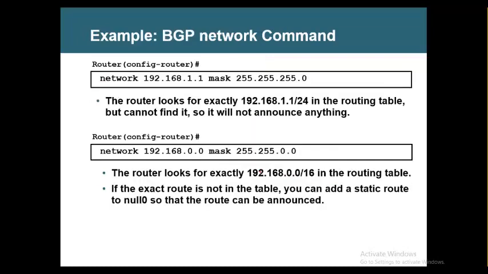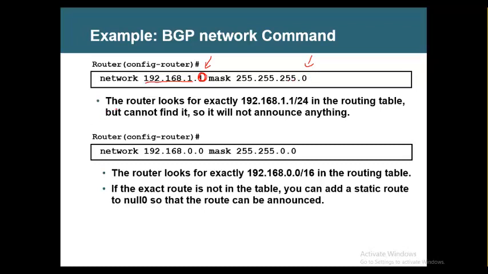Right, so here is the example. If you have a route in the routing table with 192.168.1.0, this is a mistake actually. You cannot put 1 here and 0 here. It won't accept, it will throw an error.